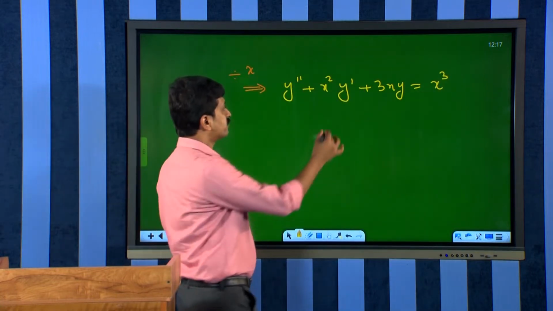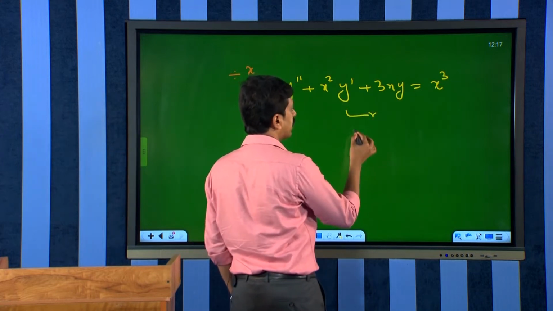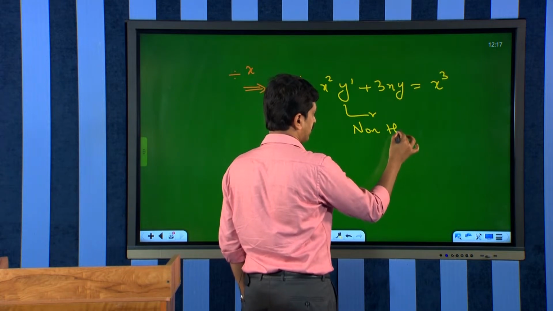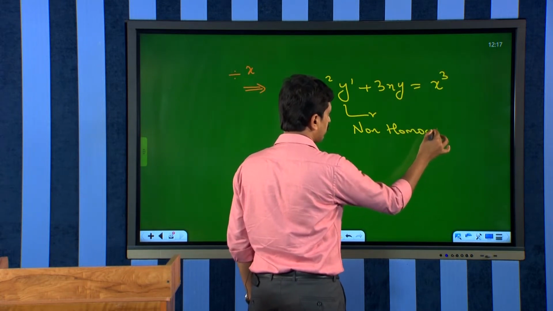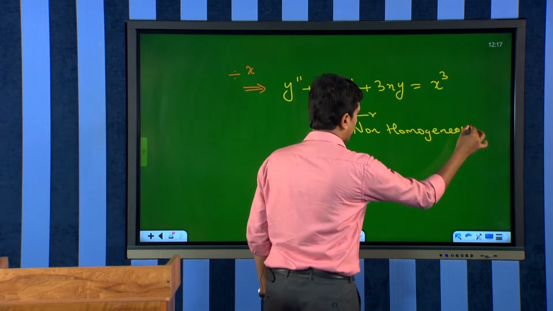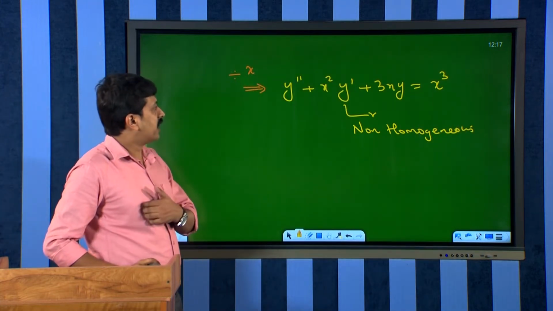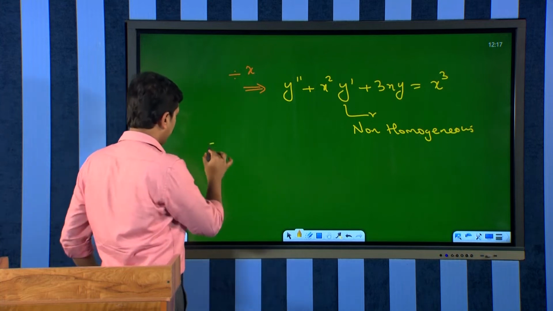This keeps the general form of linear, and also this is non-homogeneous. Linear and non-homogeneous.